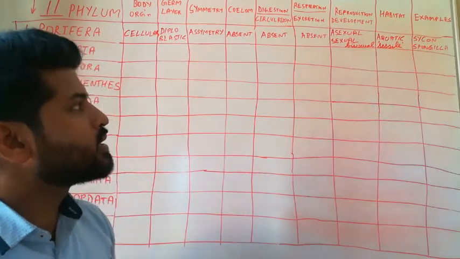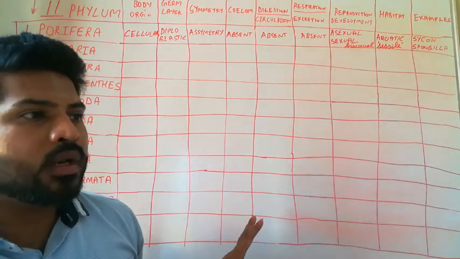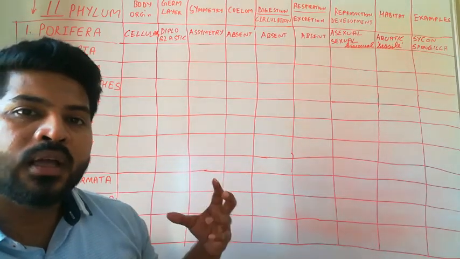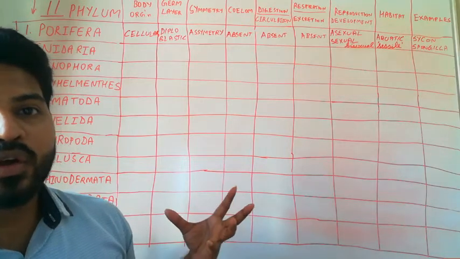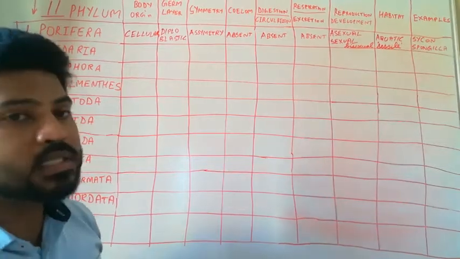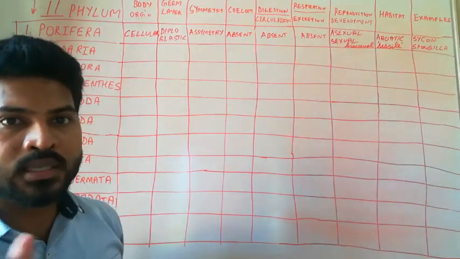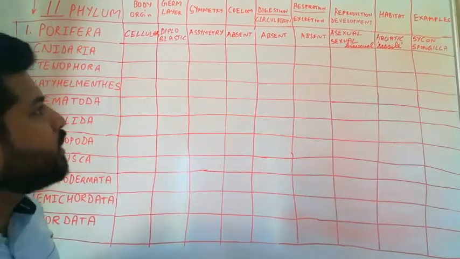These choanocytes play an important role in digestion as well as in respiration. So choanocytes or collar cells line the internal cavity. This is not a true cavity, it is just a cavity. So that is about Porifera, the first phylum.